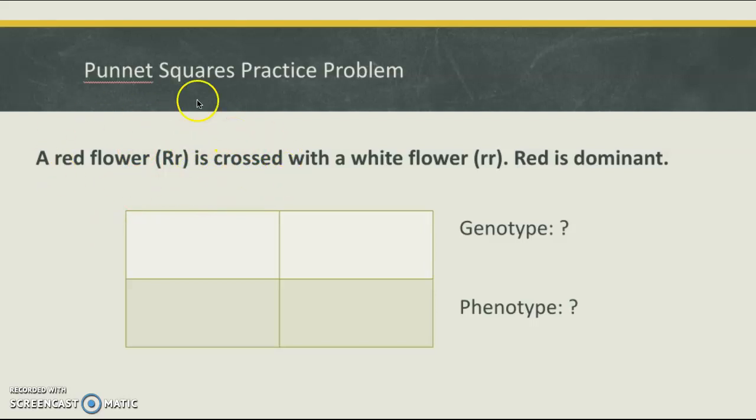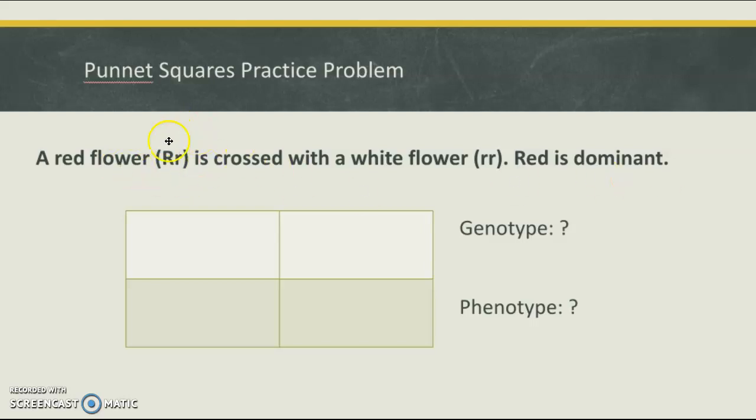The red flower, which is one parent, mated with a white flower, which is the other parent, which has 2 lowercase r's, a homozygous recessive. That's the type of alleles they have. And we know that red is dominant. So if it has a capitalized R, that means that they'll come up as red because that's the dominant allele.